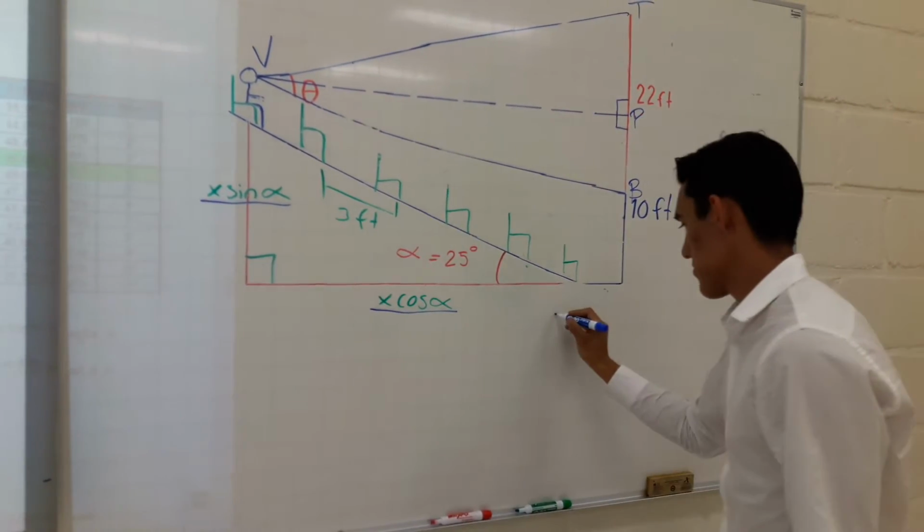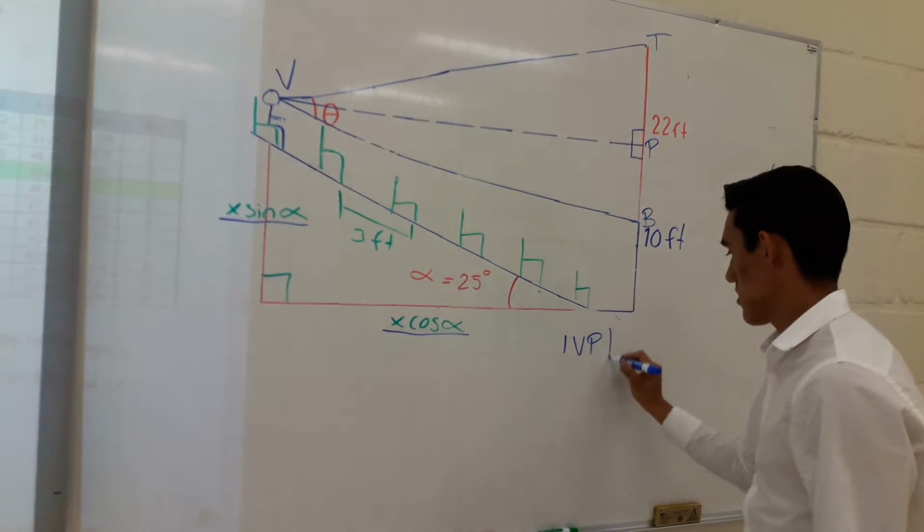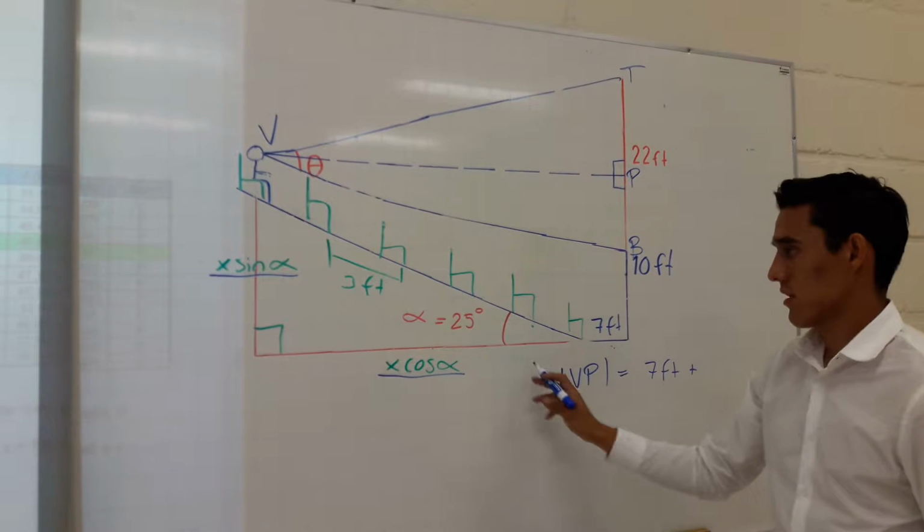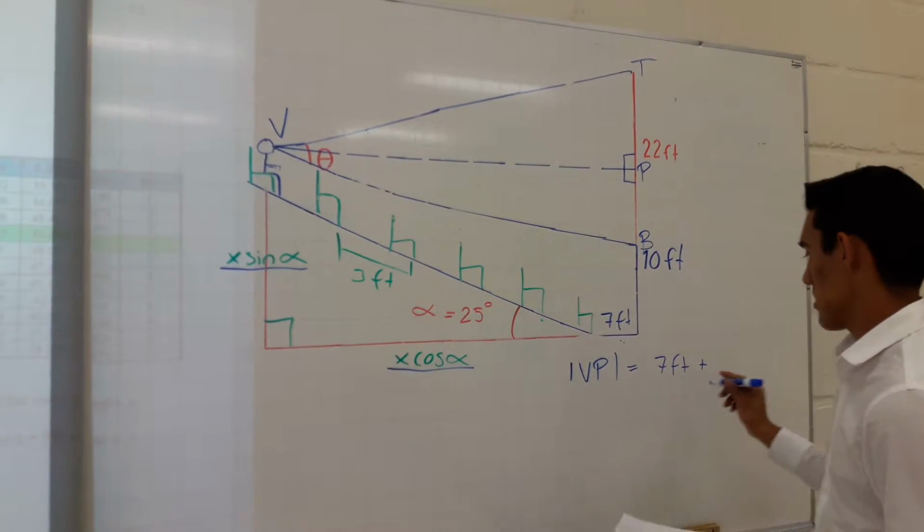The line of the segment BP, so 7 feet plus x by cosine of the angle.